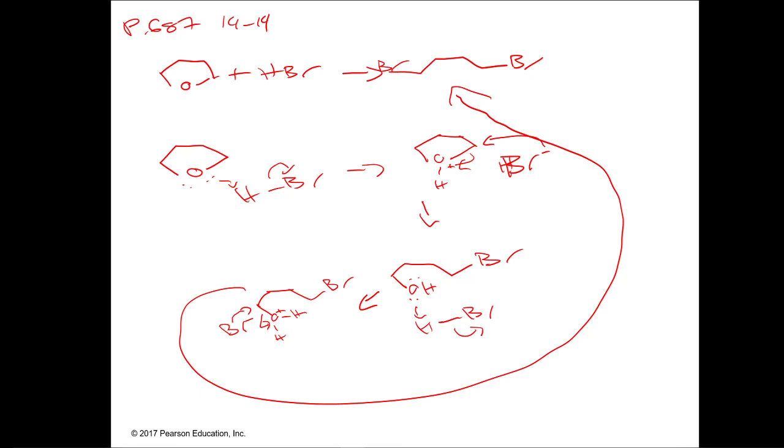All right. Next page, page 688, 14.15. Predict the products of each of the following reactions. We have ethoxycyclohexane and hydrobromic acid.